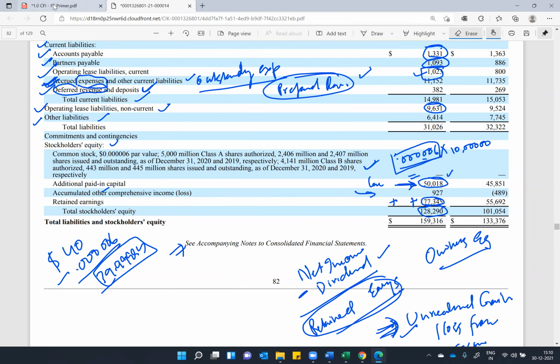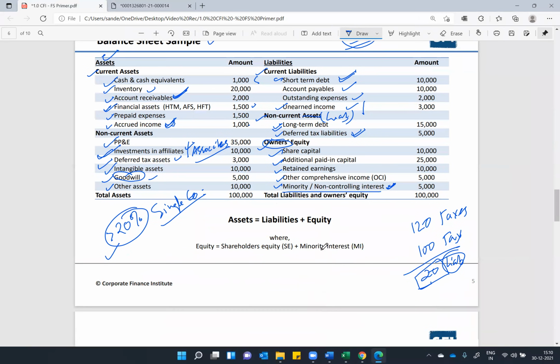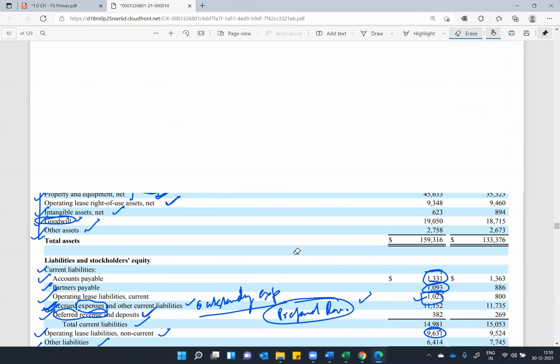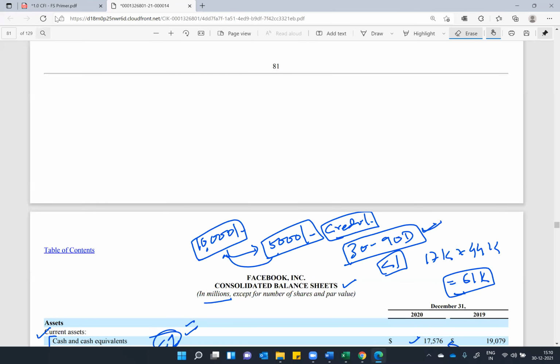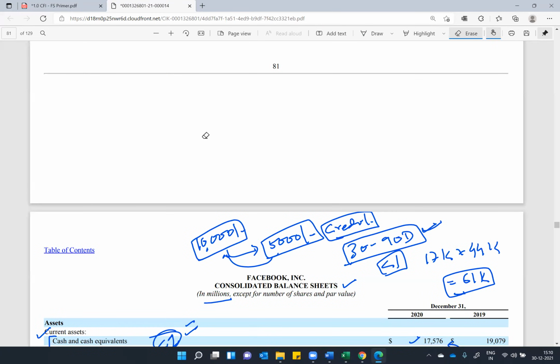Right? Now, last thing is goodwill, which I have kept for the last. You see goodwill here for a reason. If you see goodwill in the balance sheet of any company in this world, the chances are that company must have done some sort of M&A.